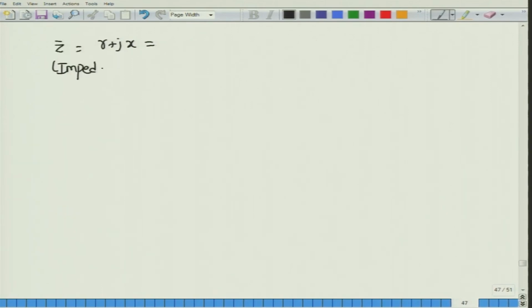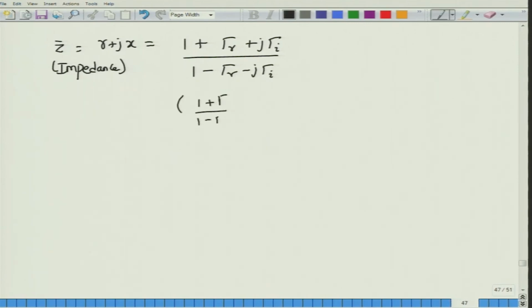This is impedance, except that we have written this complex impedance in the rectangular form. So this would be equal to 1 plus gamma r plus j gamma I, where gamma r and gamma I are the real and imaginary parts of gamma of z, divided by 1 minus gamma r minus j gamma I. Please note that this relation is nothing but 1 plus gamma by 1 minus gamma.